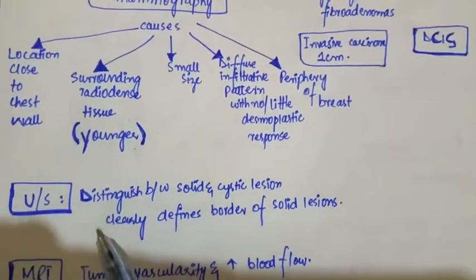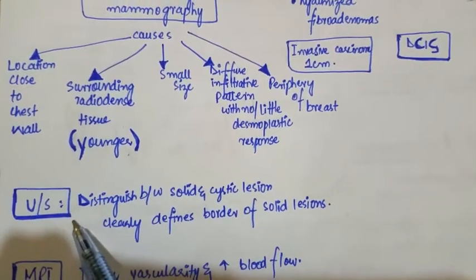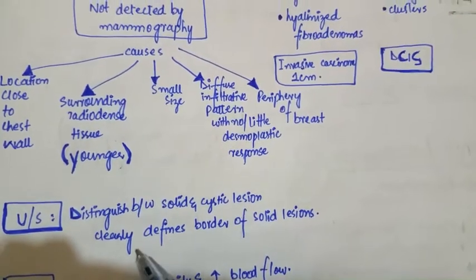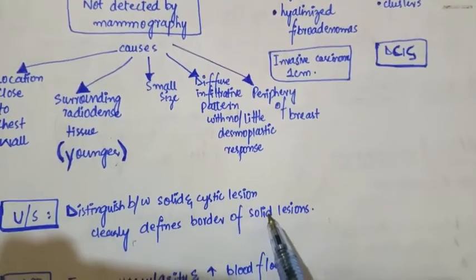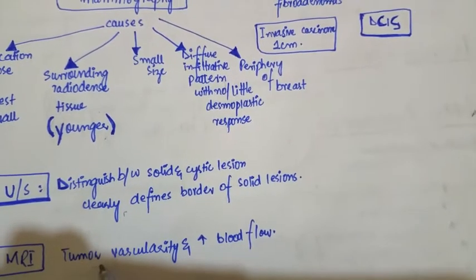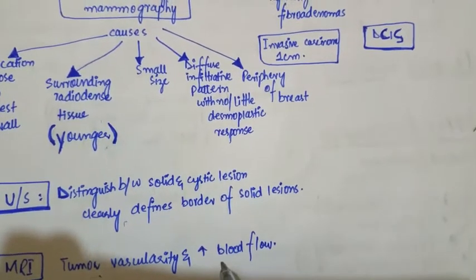Ultrasonography will distinguish between solid and cystic lesions and clearly define the border of solid lesions. MRI will detect tumor vascularity and increased blood flow.